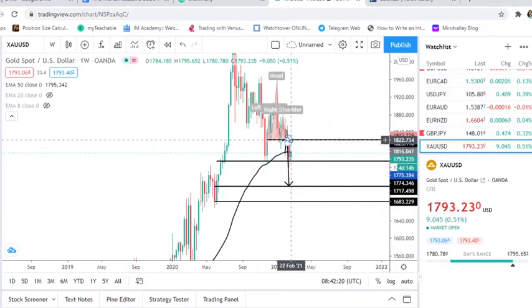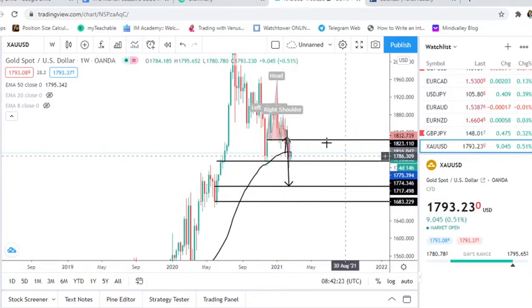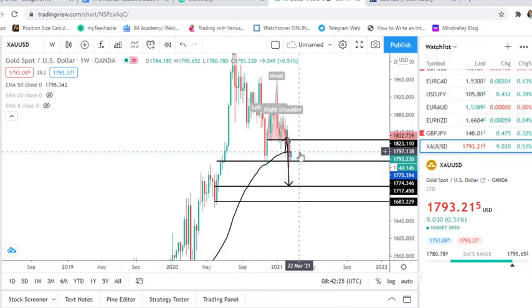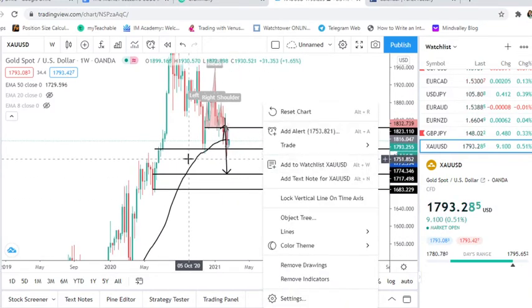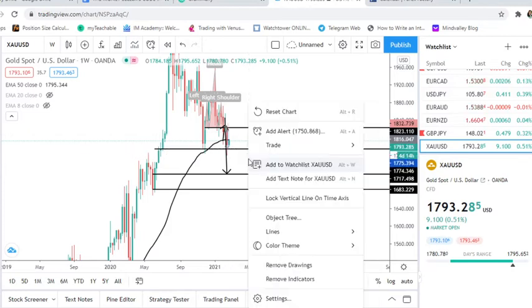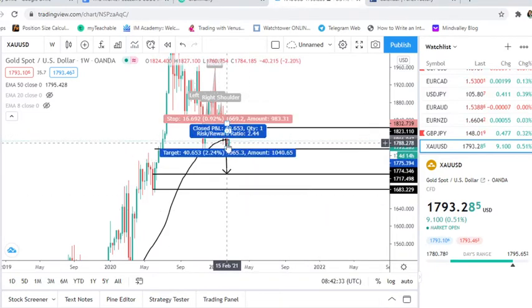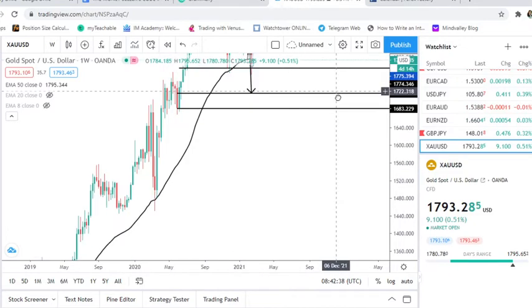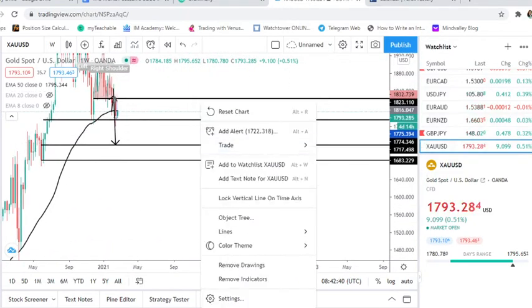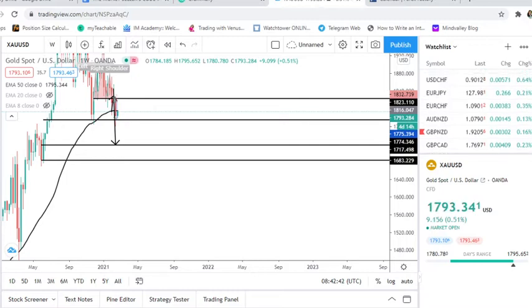Okay, so last week closed with that big bearish candle, and I think it still has a lot of downward move to go to. It closed below our 50 moving average on the weekly time frame last week, and so we're having some push up now, and we expect more push towards the downside. So another opportunity to enter, we'll take it up.